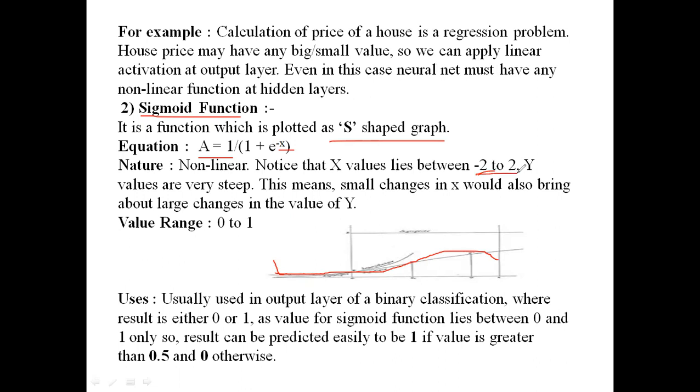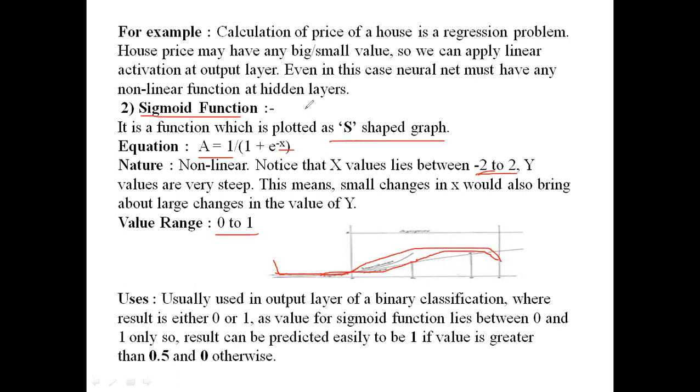Then a small change in this x value gives a bigger difference in y. If you change your x value, the y will automatically change a lot, isn't it? The outcome range of this particular sigmoid function is 0 to 1.